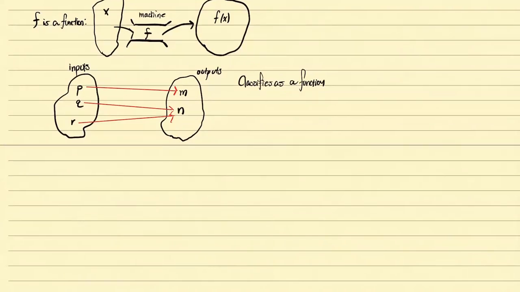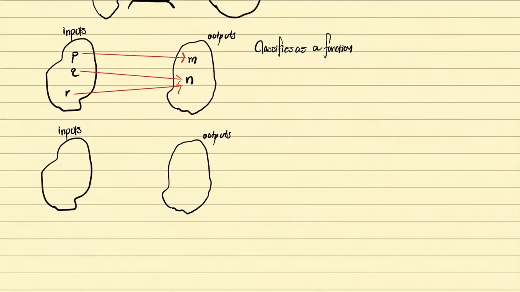Same thing with this. So inputs and outputs. If I have P, Q, and R, and then X, Y, and Z, and I have this type of relationship, this also classifies as a function.